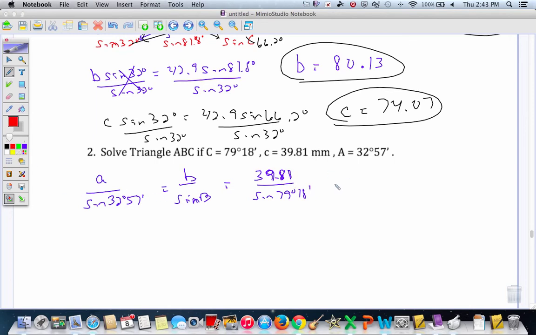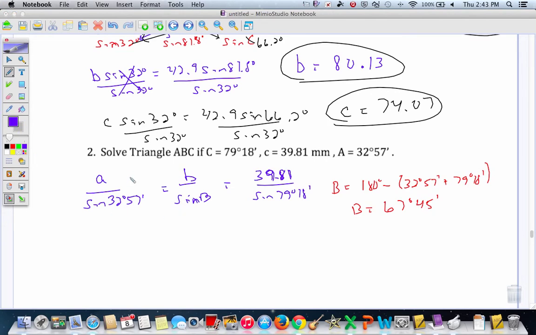I'm going to start out by finding angle B first. 180 minus our 32 degrees and 57 minutes plus our 79 degrees and 18 minutes, and ultimately angle B is 67 degrees and 45 minutes.